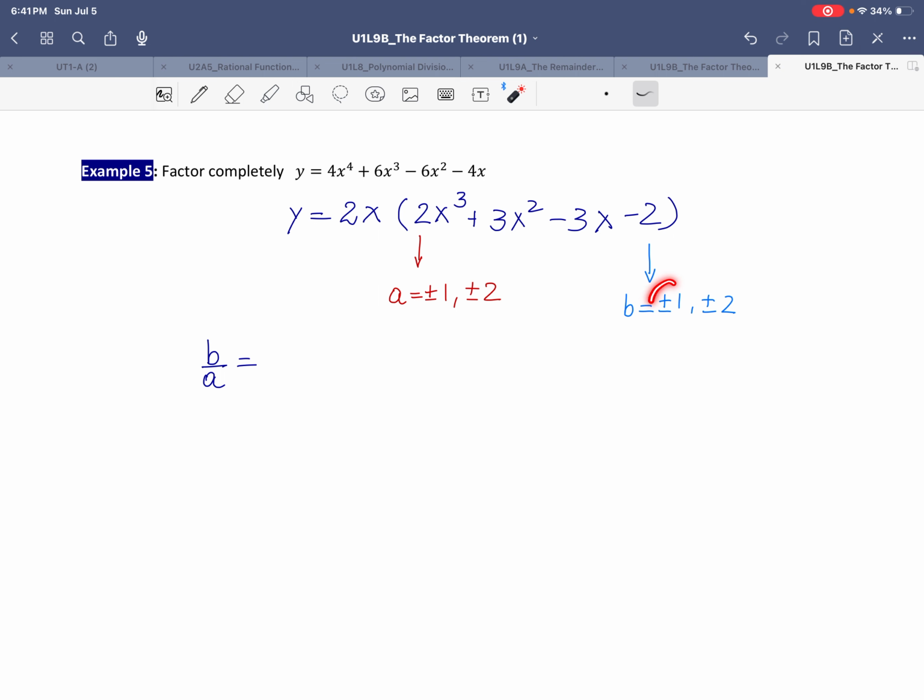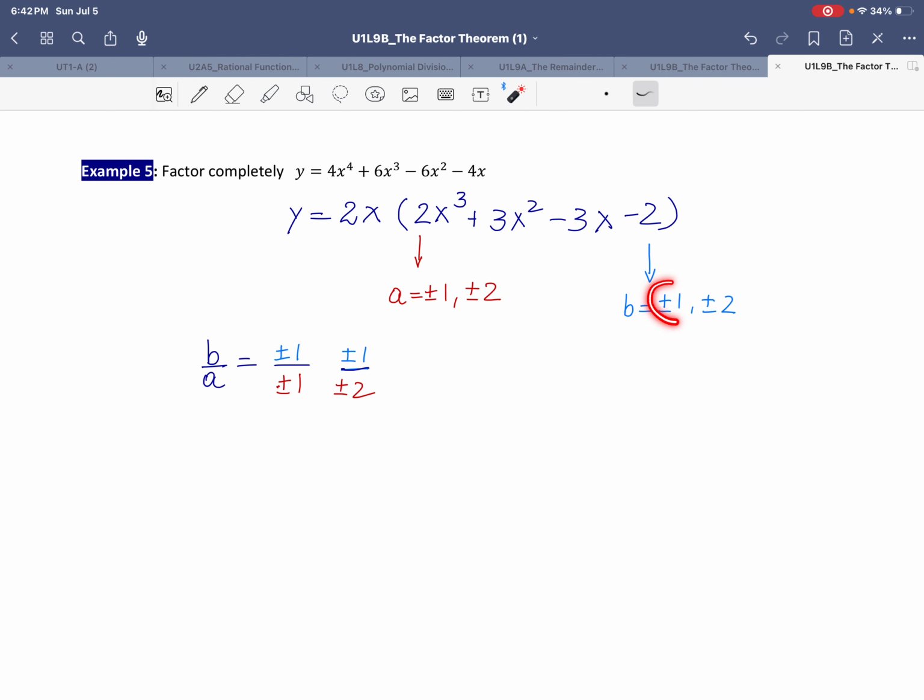We always start with our b values, so plus minus 1 divided by plus minus 1, and then plus minus 1, this time divided by plus minus 2.